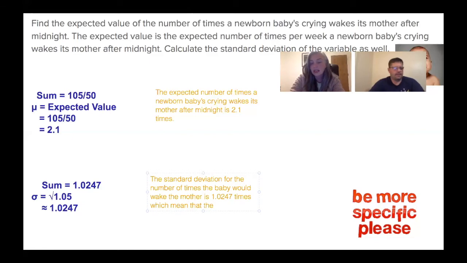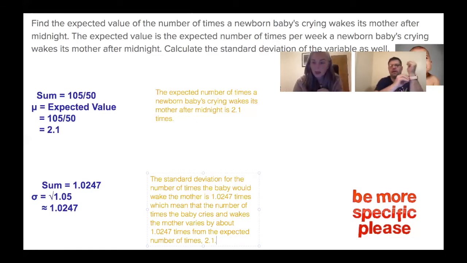The number of times the baby cries and wakes the mother varies by about 1.0247 times from the expected number of times, 2.1.